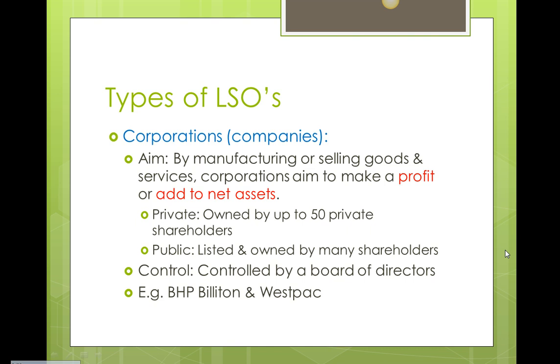Privately owned, they can have up to 50 private shareholders. If it's publicly owned, that means it's listed on a particular stock exchange, like the Australian Stock Exchange, and that can have thousands of different owners. It's controlled by a board of directors, and some examples are BHP Billiton and Westpac or Commonwealth Bank, although anyone that's listed on the stock exchange, or a private one, for example, Costas.